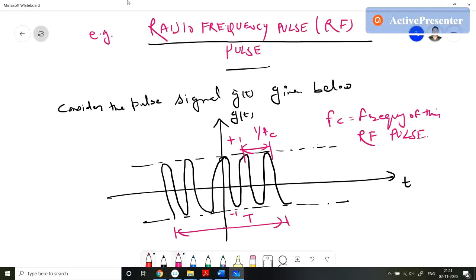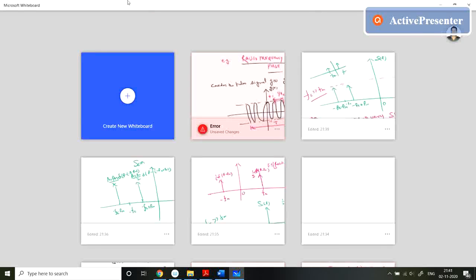Now we are going to apply the frequency shift that we have used.